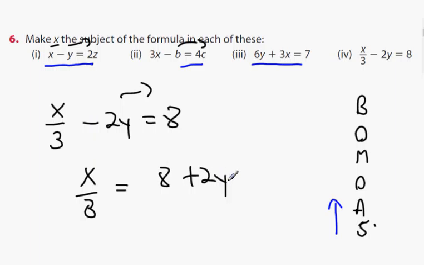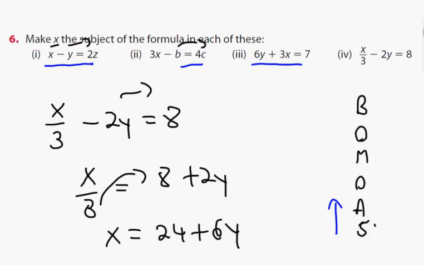What happens after this? Multiply and it turns into 24 plus 6y. I actually want to show you the second way of doing that because I think it just makes it overly complicated. We'll use the second way in a further question. Is everybody on board thus far?